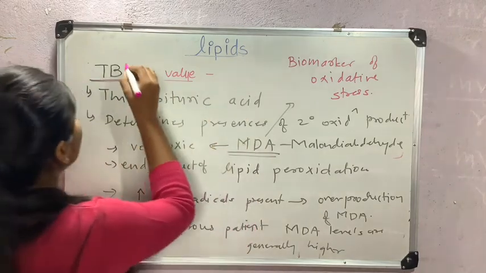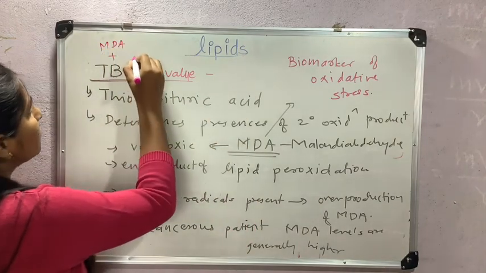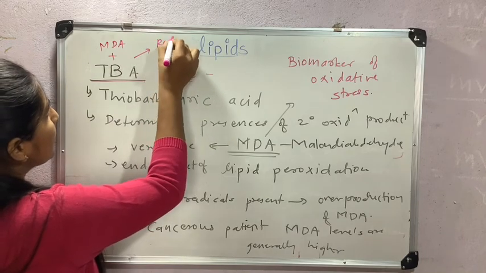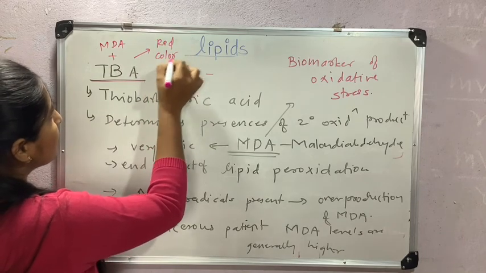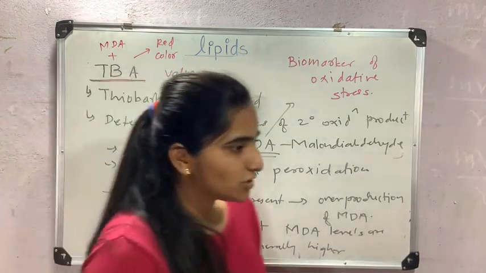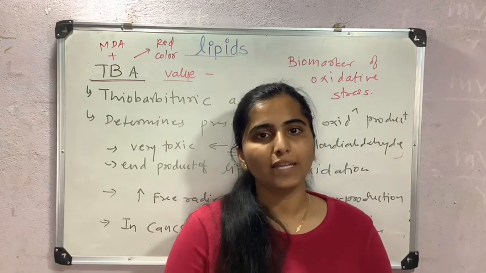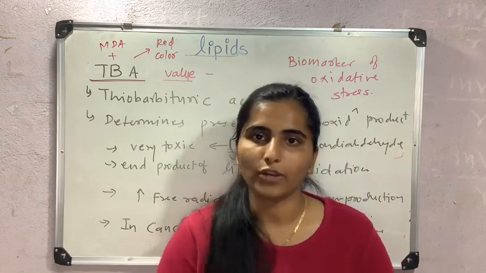Here I will write: TBA plus MDA gives red color pigment, red color complex or red color product. So this is all about anisidine value, peroxide value, TBA value and Totox value or Totox number.